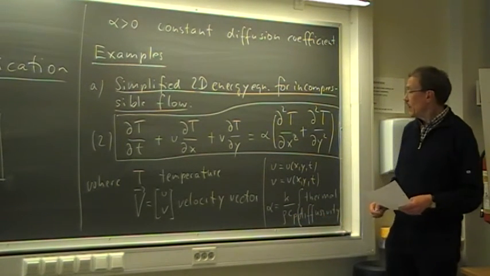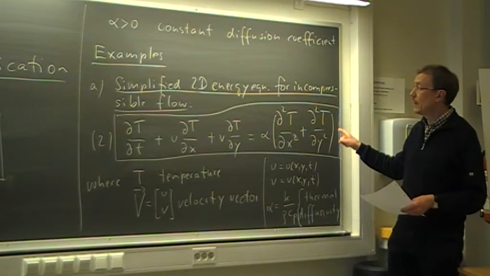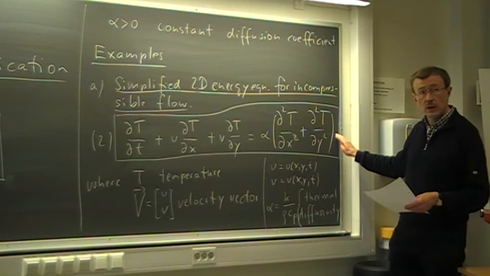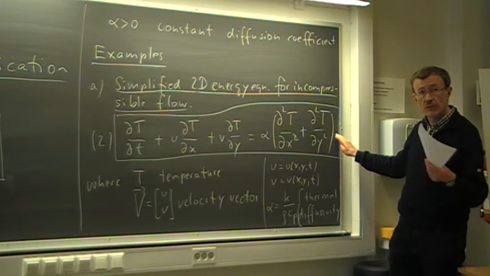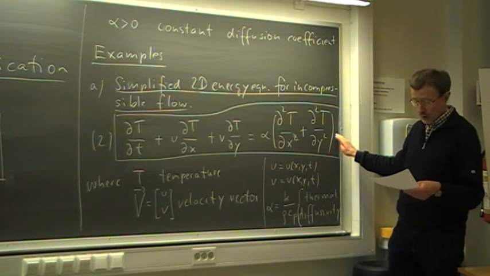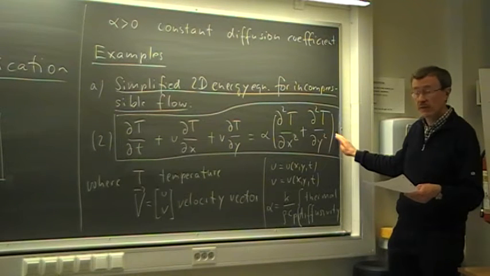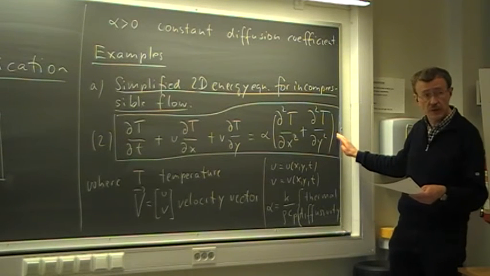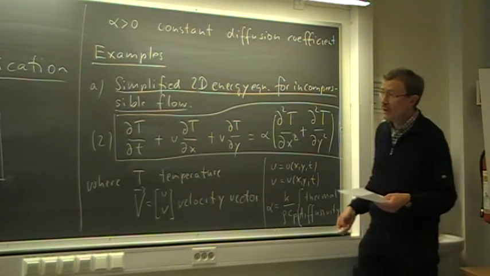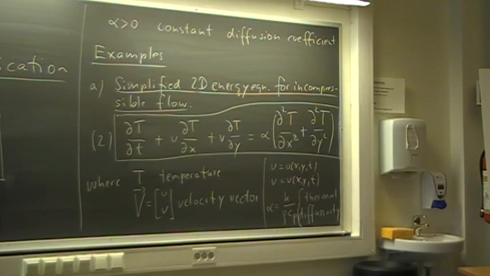And the other is when we have the 2D energy equation for incompressible flow, we have also a term here coming from the heat generated by the viscous effects. That is the dissipation function. And this dissipation function is neglected. That can often be done, but if you want to read about that, you can do that in the textbook. There the full equation is written.